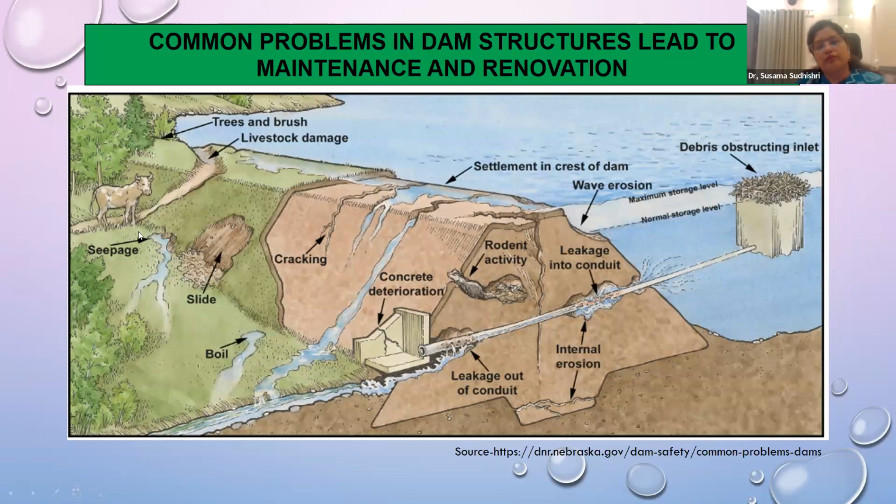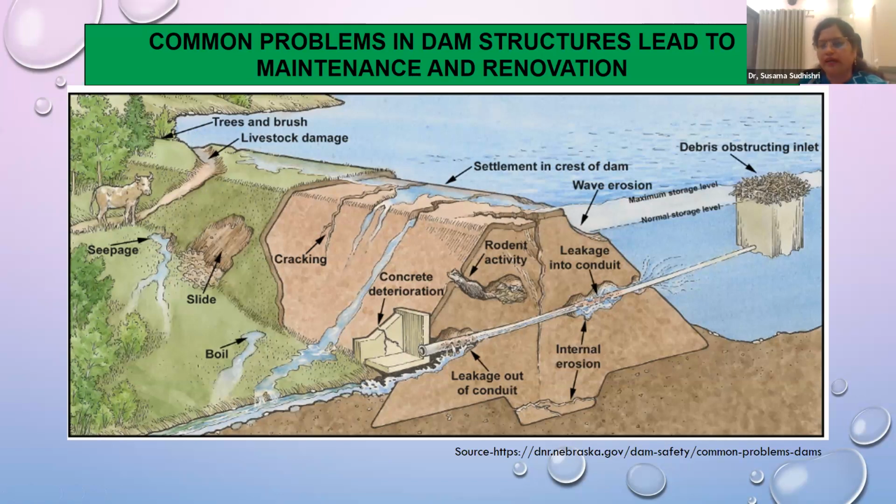Generally, whether it is a concrete dam, a masonry dam or an earthen dam, the problem is greater in the case of an earthen dam. Trees or bushes create problems on the crest and the upstream and downstream slopes. There is also the problem of cracking, which may be due to settlement or inadequate material used, in the case of a concrete or gravity dam, or due to seismic activity, that is, an earthquake.